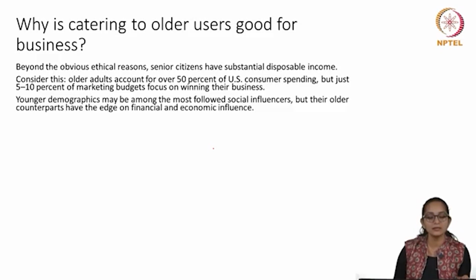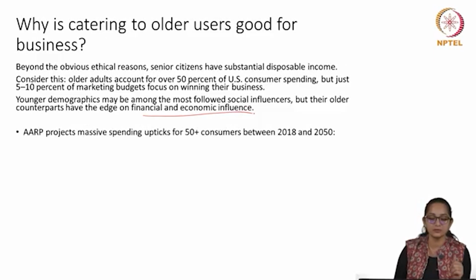Younger demographics may be among the most followed social influencers, but their older counterparts have an edge on the financial and the economic influence. This is also very important. Most government projects in the US, so AARP is an organization from the government, they are now putting massive spending for 50 plus consumers.